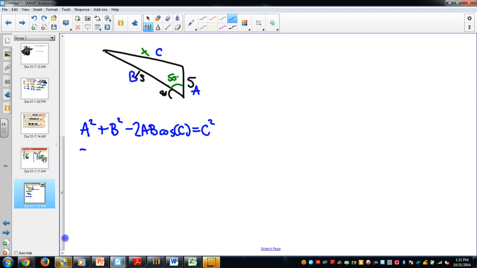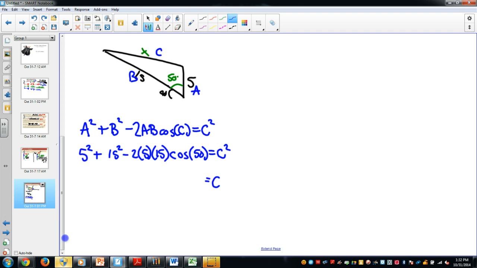So I would say 5 squared plus 15 squared minus 2 times 5 times 15 times the cosine of little c equals, I'm sorry, I actually know that little c. That little c is 50. That equals c squared. So I could do that.